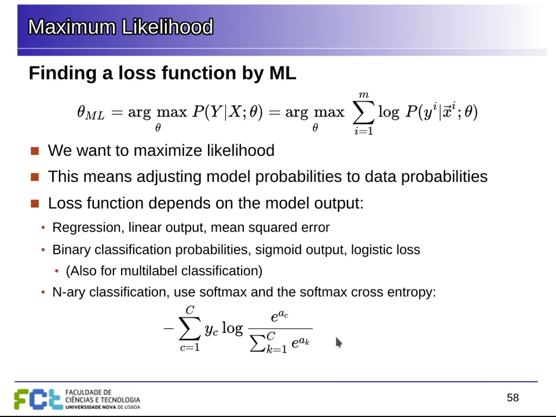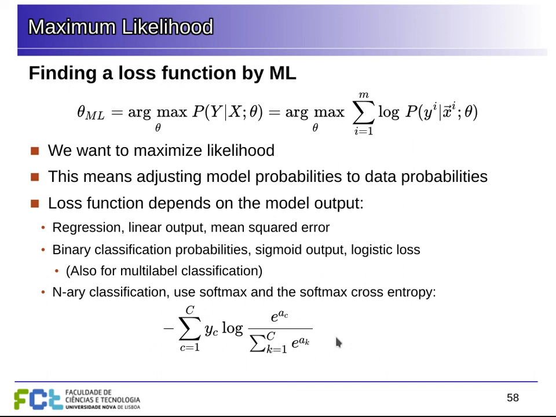So the basic message here, for this course, is that you're not going to need to know the actual equations. I'm just putting them here for information, but you don't need to memorize this. The important thing is to understand that we are always trying to do the same thing: match the probability distribution output from our model to the actual distribution of the data.